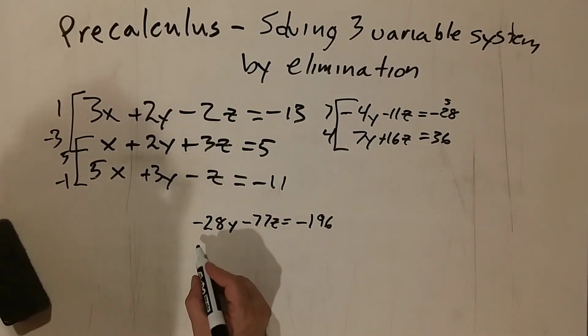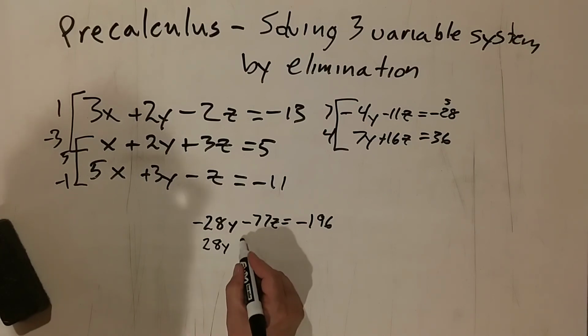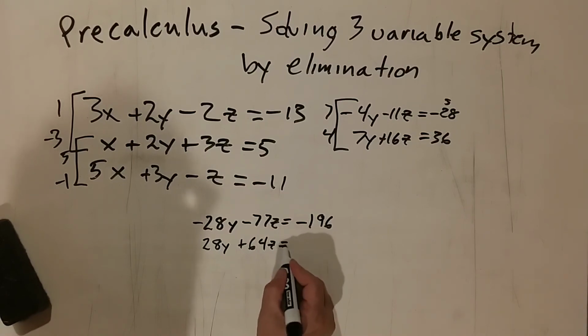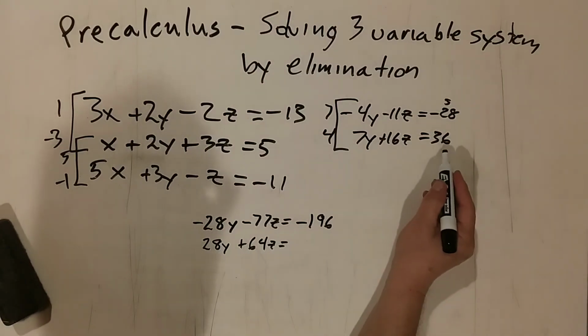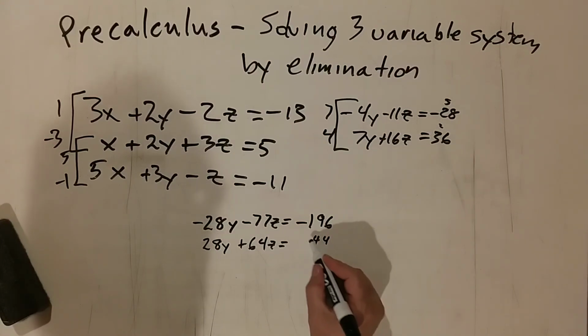And multiplying the second one by 4, we'll get 28y plus 64z equals 144.